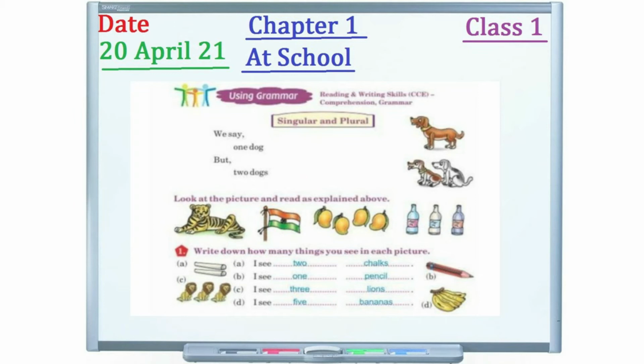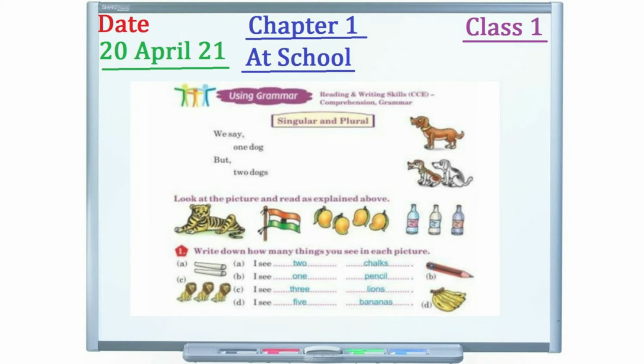Here is the picture of one dog. Below it two dogs. The first picture one dog means a single dog. In next picture two dogs means more than one. More than one means what? Plural.